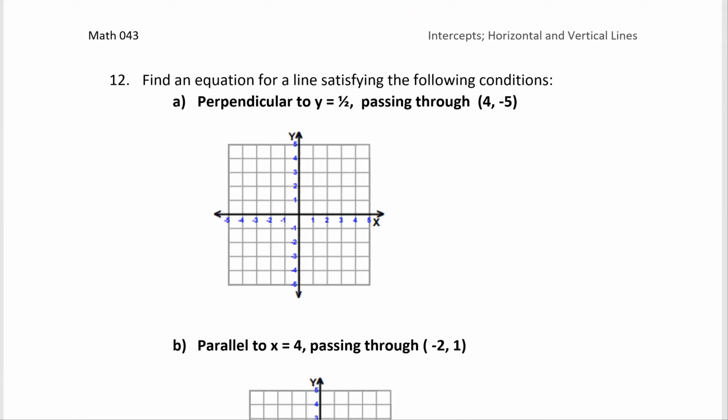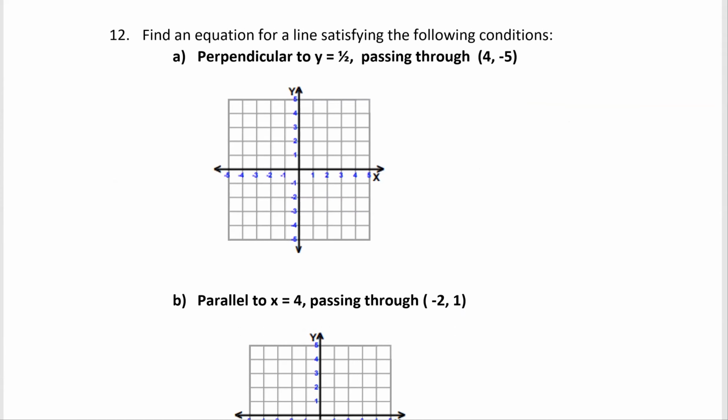Number 12, find the equation of a line satisfying the following conditions. Perpendicular to y is equal to 1/2 and passing through the point 4, -5.